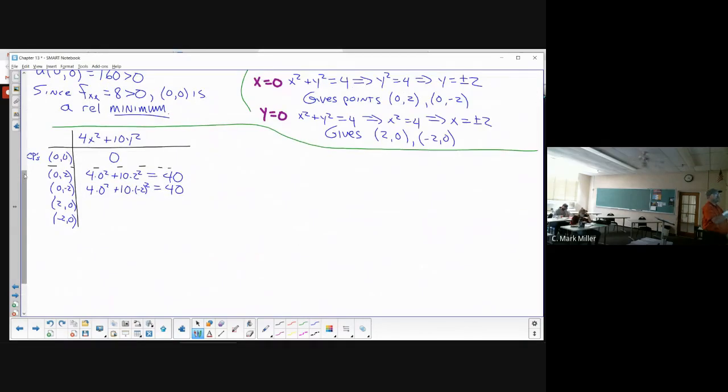Next, 4 times 2 squared plus 10 times 0 squared, 16. 4 times minus 2 squared plus 10 times 0 squared equals 16.